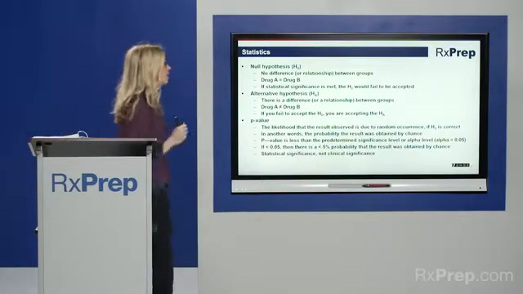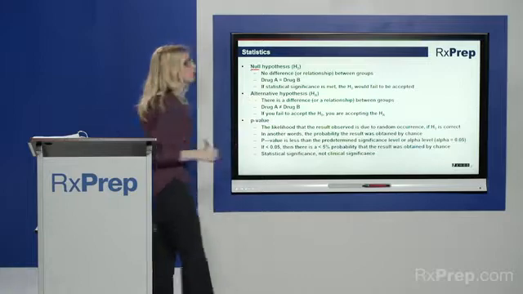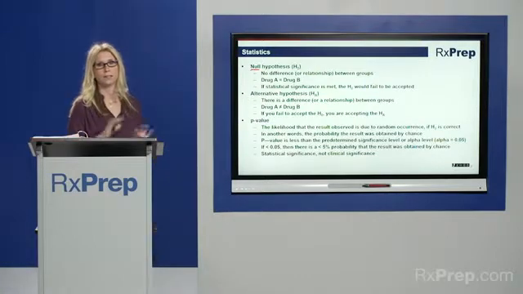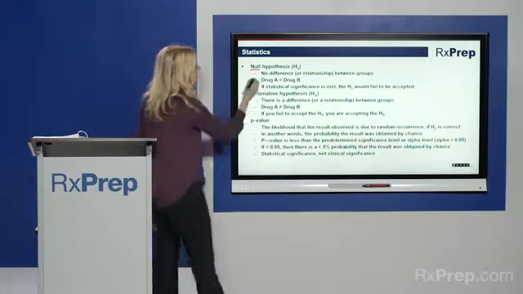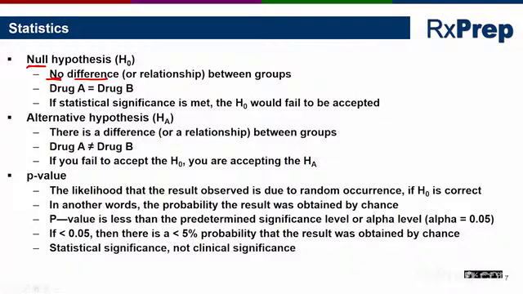So the null hypothesis, null meaning nothing, nada, no, zip, zilch. So no relationship, no difference, no relationship between the two groups that are being studied. So if we have drug A and drug B in the trial, and if we want to imagine drug B is our placebo, we would still call that an arm of the trial.